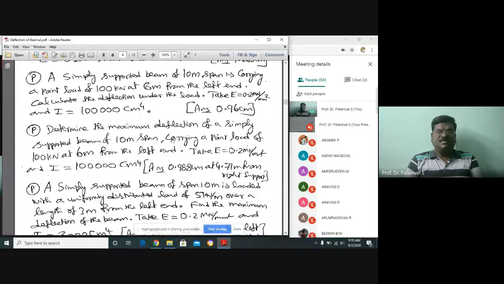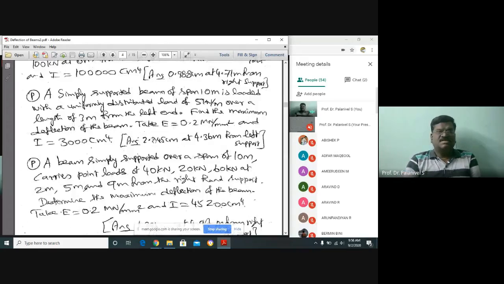If the x value is within 6 meter, it's good, the maximum deflection occurs there. If not, you have to write the general expression for the next portion, that is the CB portion. In that you determine dy over dx, equate that slope equation to 0, and determine the value of x. You have to verify. But it is obvious from this problem that the maximum deflection will occur within 6 meter, no doubt. So this way you have to solve this problem.